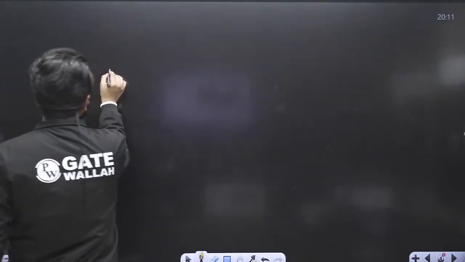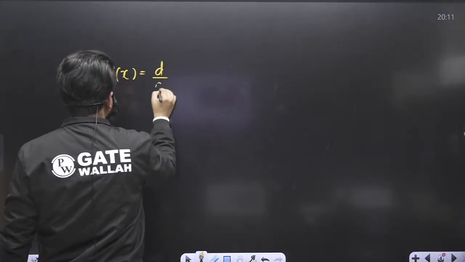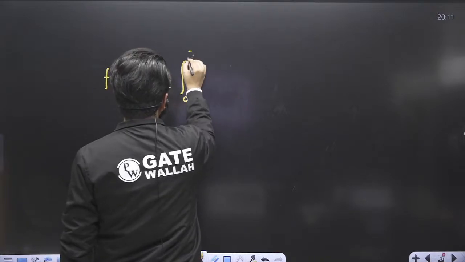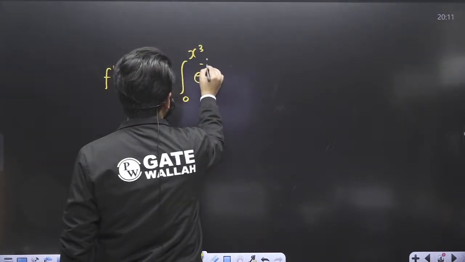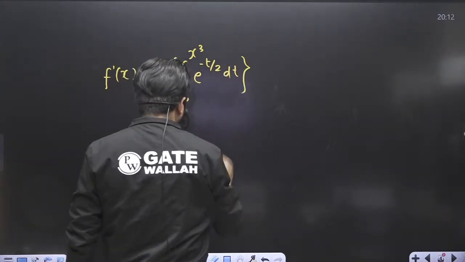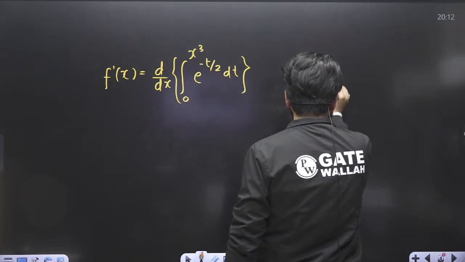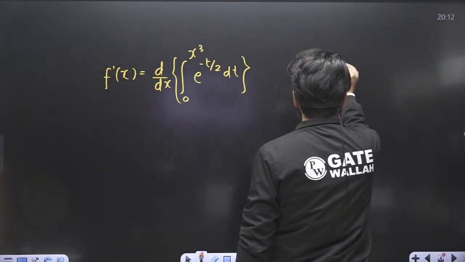So f dash x means you have to solve this expression d by dx, with limit 0 to x cube.